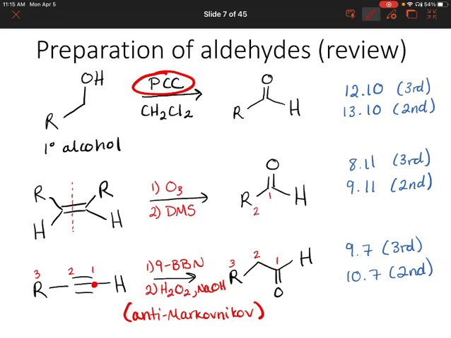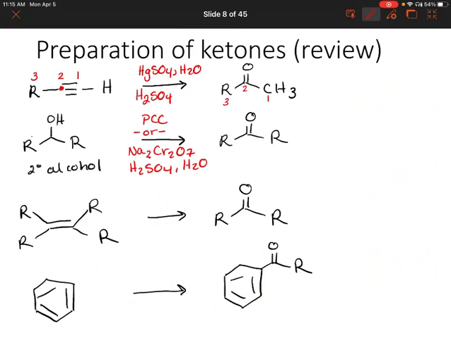A carboxylic acid, right? So for primary alcohols, you want to use PCC to end up with an aldehyde. But if you're trying to convert a secondary alcohol into a ketone, you could really use any oxidizing agent, so it could be gentle or strong. Any of those are fine.